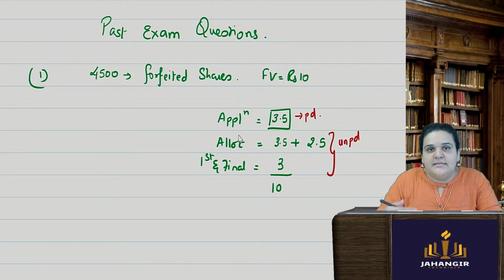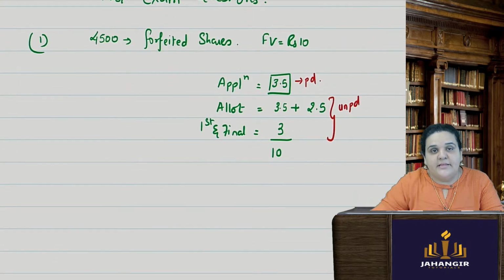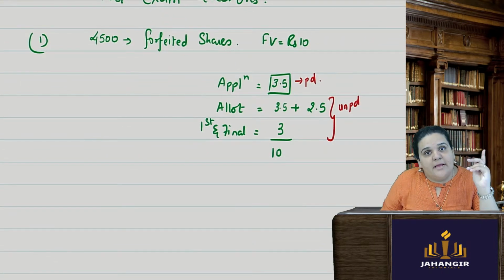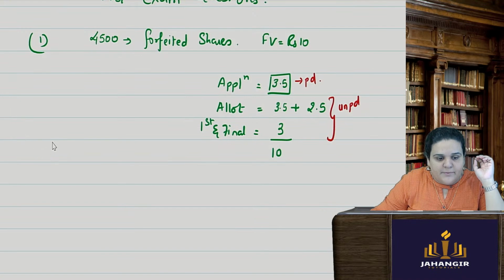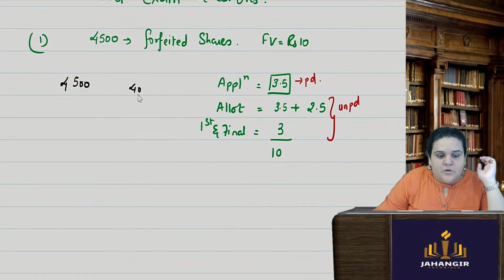There is excess money received at the time of application because allotment has happened only on 40%. That means these 4,500 shares are only 40%. So how much would 100% have been? You have to do 4,500 into 100 upon 40.